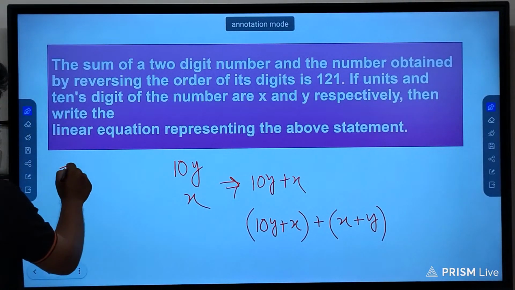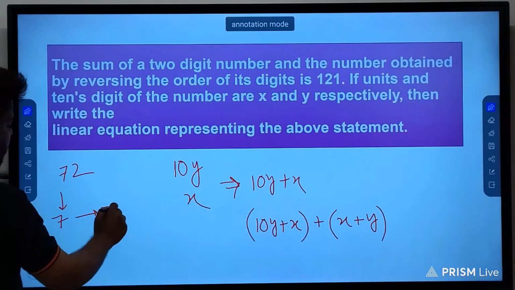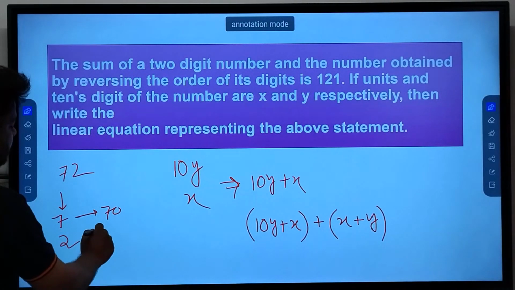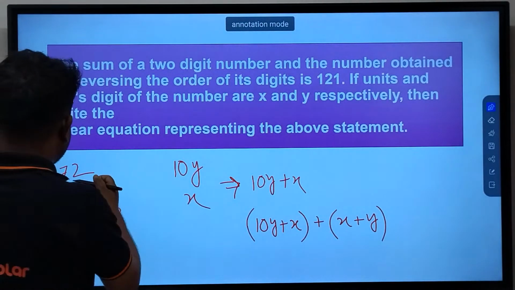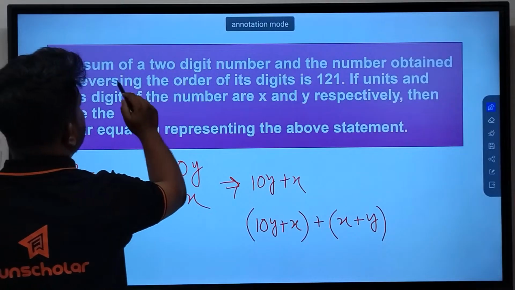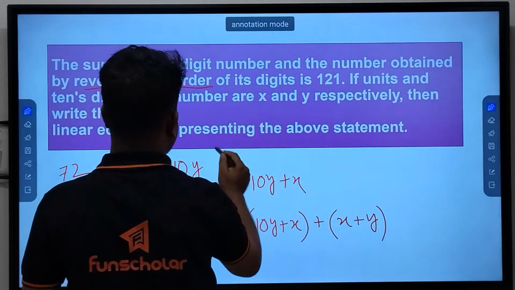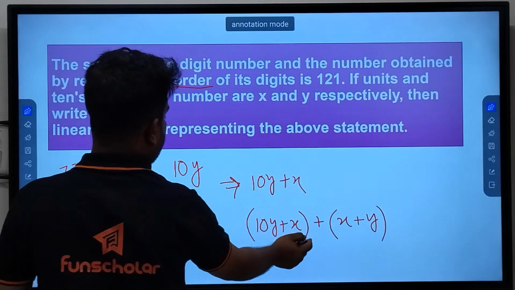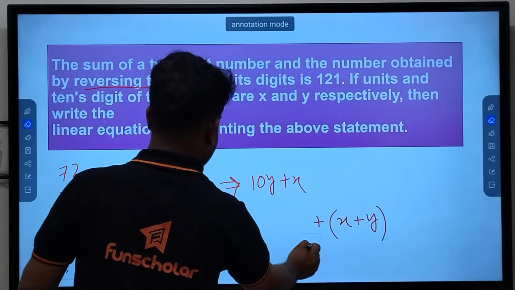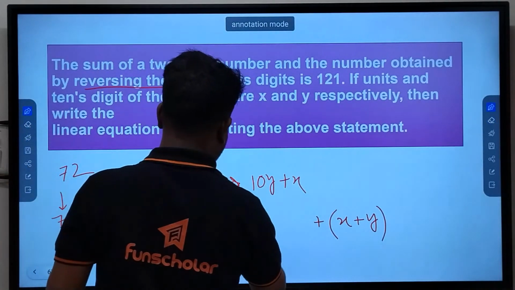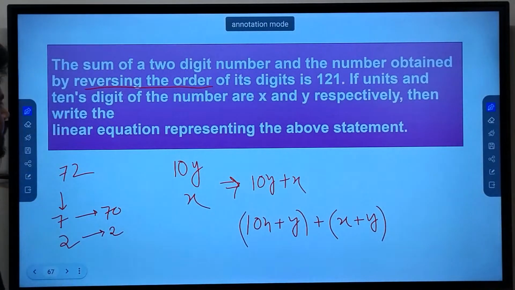Why? Because these are all the numbers. Like for 72, 7 is the number whose value is 70, and 2 is the other number whose value is already 2. Similarly, they have told us to reverse the order, so we have reversed the order and the equation will look like this.